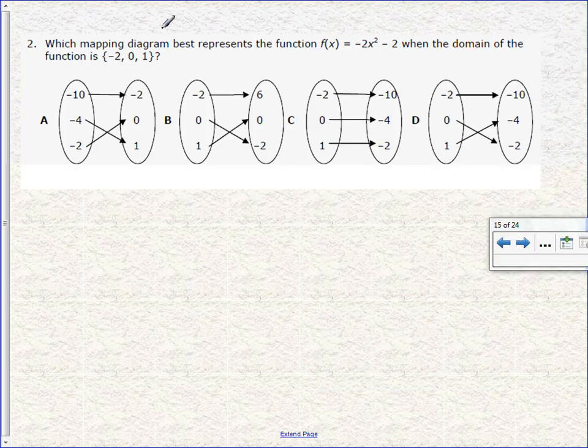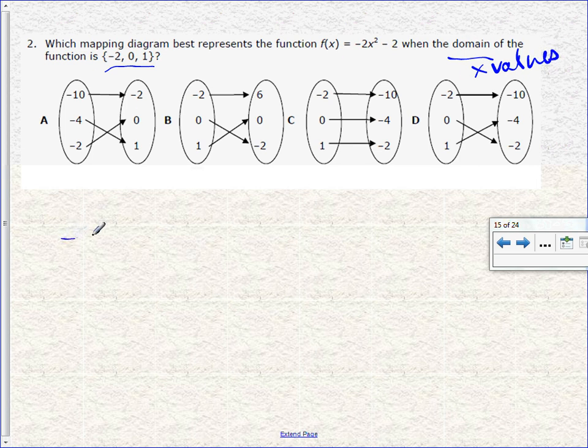Which mapping diagram best represents the function f of x equals negative 2x squared minus 2 when the domain of the function is negative 2, 0, and 1? Domain means x values, which means I need to plug these values in for x.